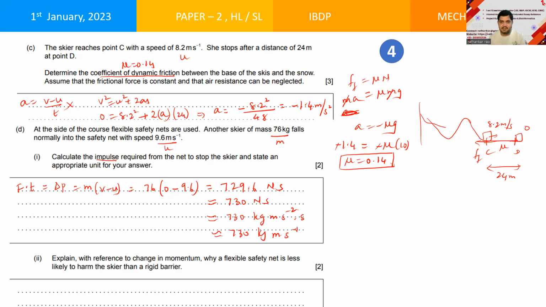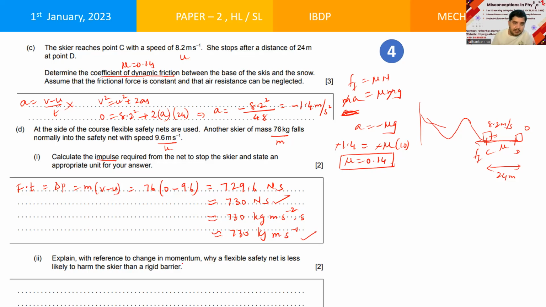You can write like this also. Both answers are correct, unless the question asks you to mention the answer in fundamental SI units, in which case you have to write this one. If he says state an appropriate unit, you can always convey using this method. I hope you got this. Now let us move on to the next one. But take care of the significant figures, very important.